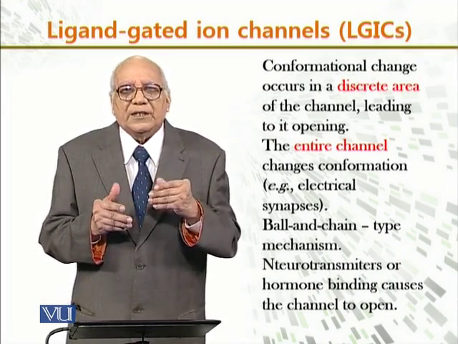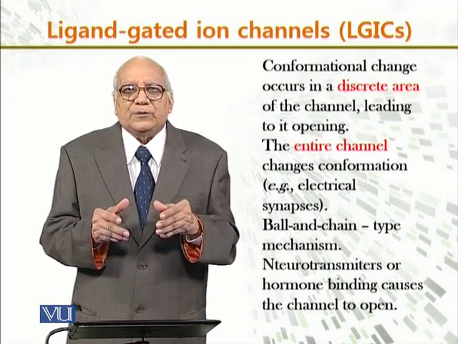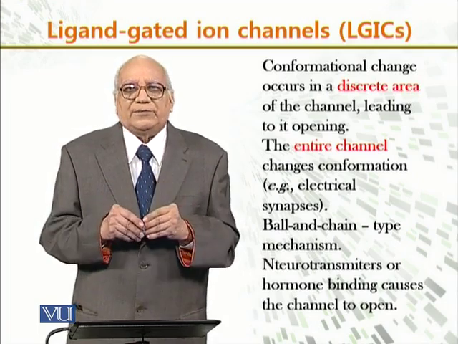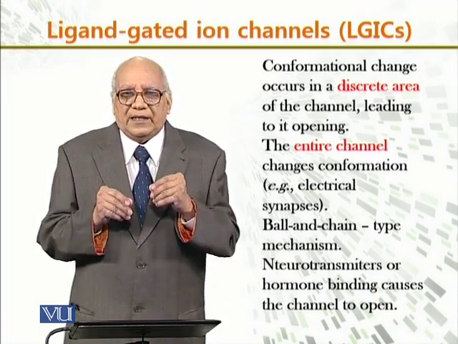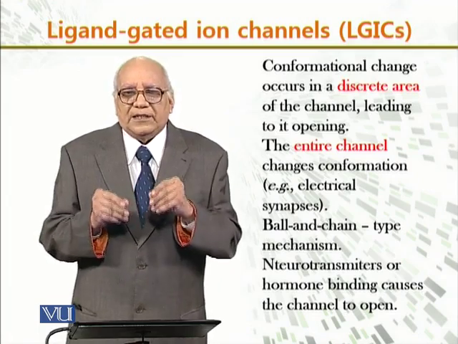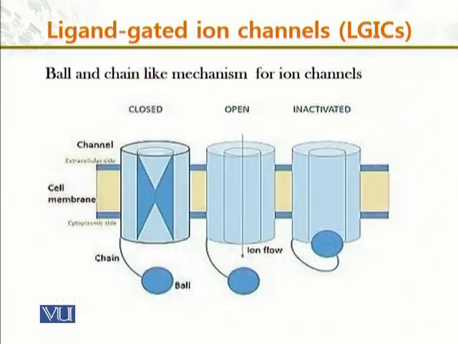Neurotransmitters and hormones binding causes the channel to open. Some of the neurotransmitters are hormones, and some of them are not, but they are mainly responsible for the channel to open or close so that the desired effect can be carried out.